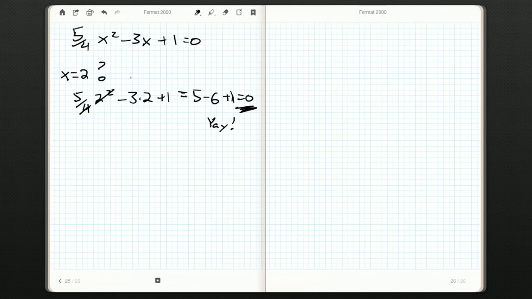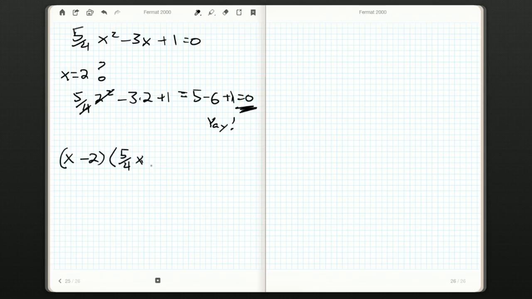Okay, so now I can just take out a factor of x minus 2 or something like that. Is there an easy way to do that? So x minus 2 is what I want to have come out. So I will keep the 5 quarters x. So 5 quarters x times x, that's definitely going to give me x squared.